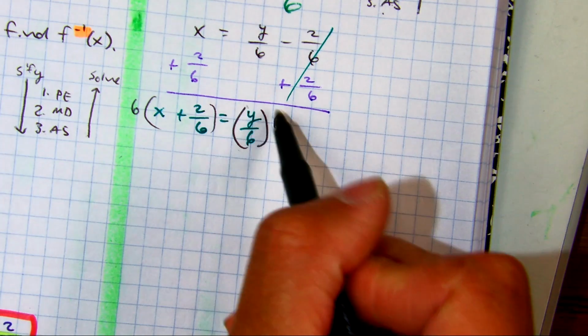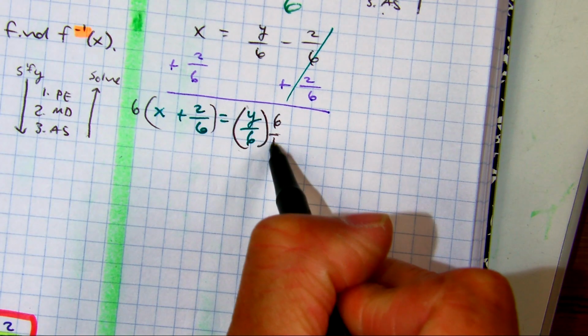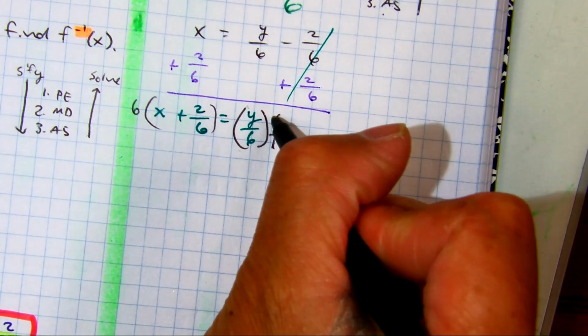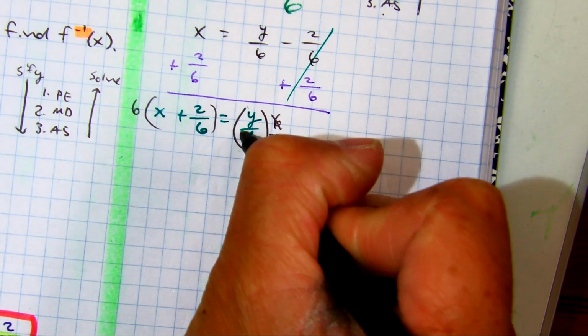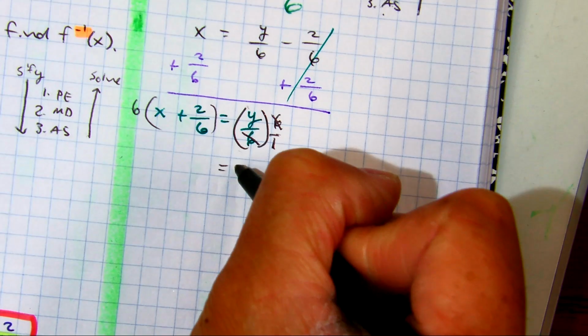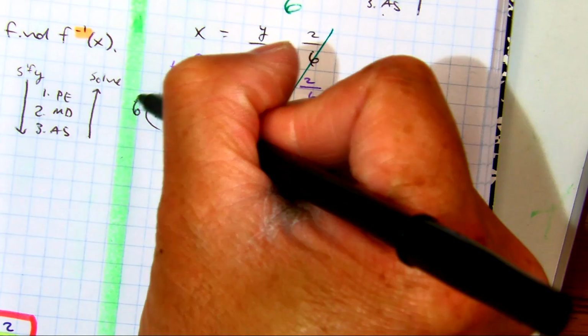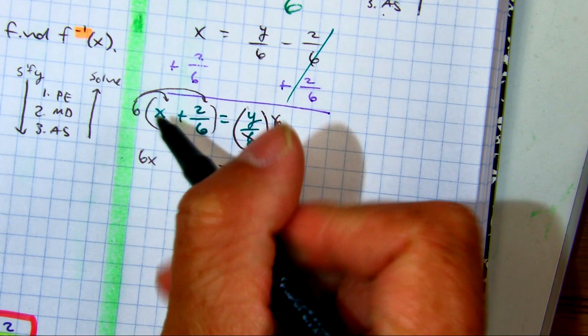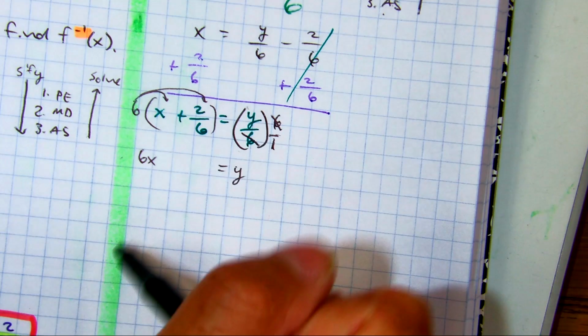So on this side, what do you notice about those 6s? Yeah, canceling in this case equals 1. So we're just left with the y. Pablo, go ahead and distribute. How do you make 6 a fraction?